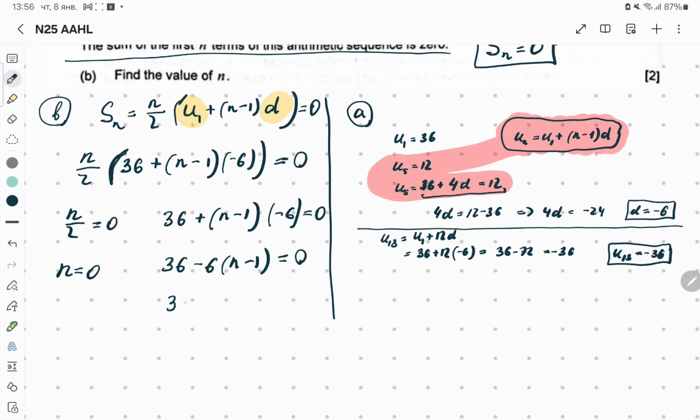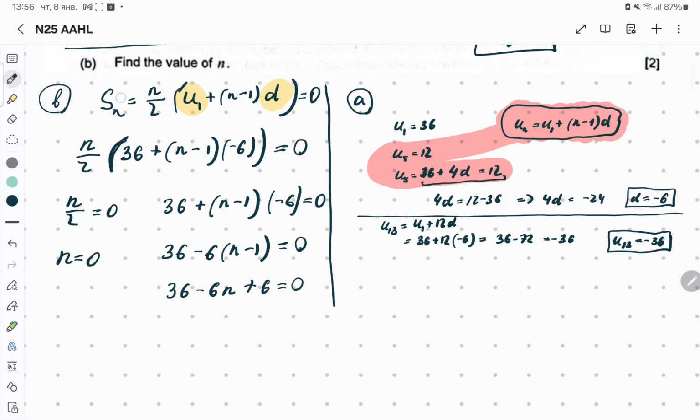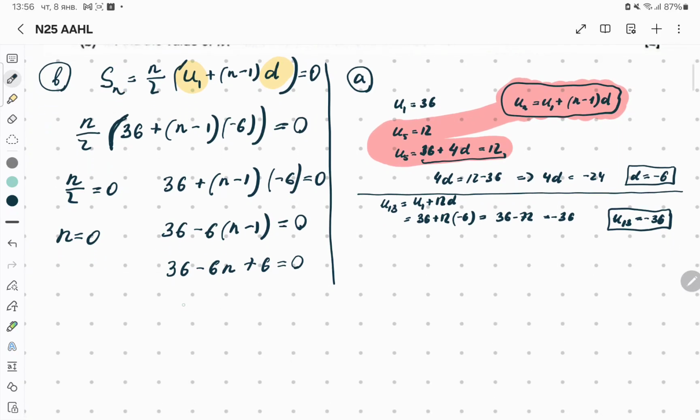Open the brackets and calculate. Here is a mistake: it's 2. Don't forget to use 2 here. So it's going to be 72. Now it's correct. If you notice it, I think that you will get at least 4 marks out of 7.